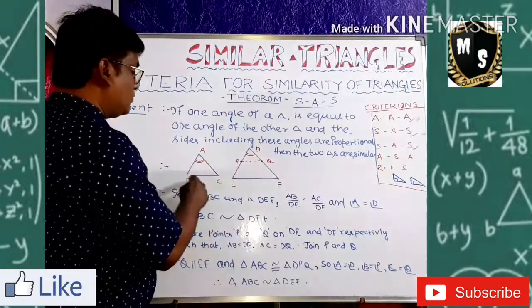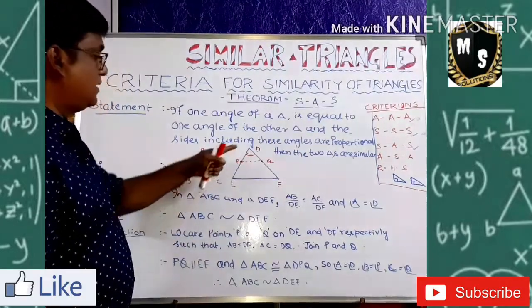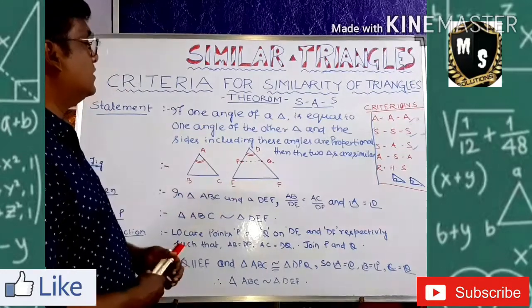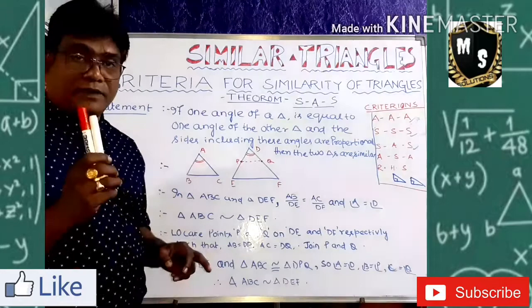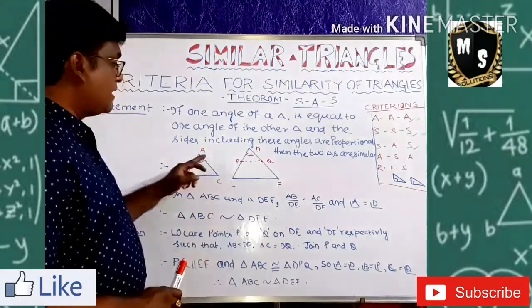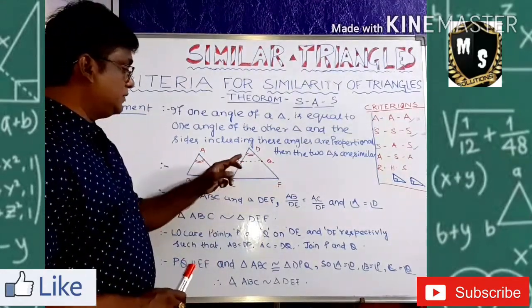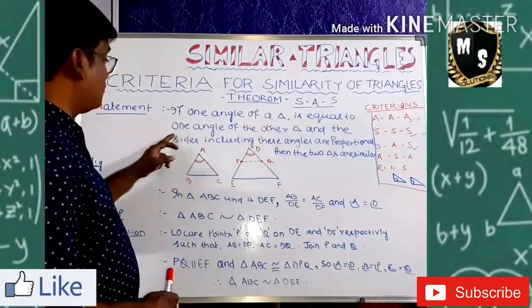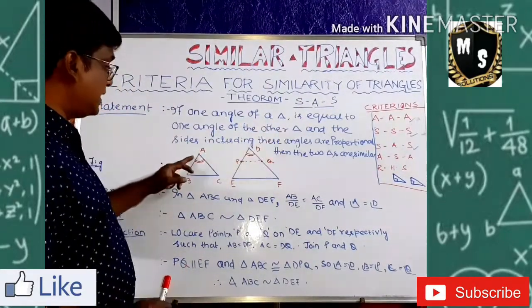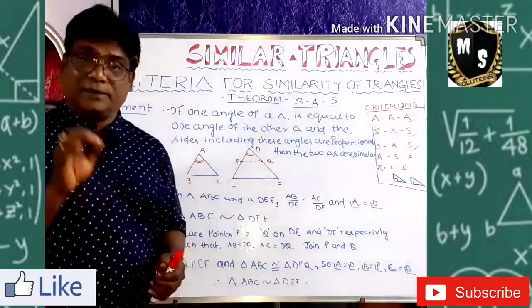Suppose I took two triangles, ABC and DEF. One angle of triangle ABC is A, and in DEF the angle is D. So if one angle of a triangle is equal to one angle of the other triangle, that means angle A is equal to angle D, that is given to you.